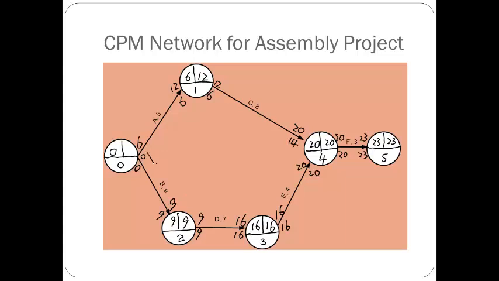That 0 was for this event. Okay, so 9, 0. Now let me ask you: the latest start time is 6 on this activity A, and the latest start time is 0 here.